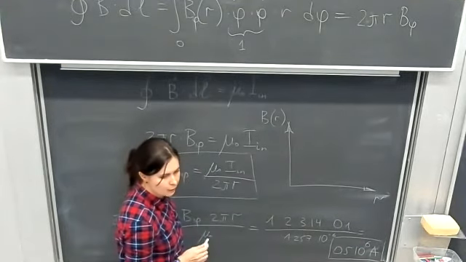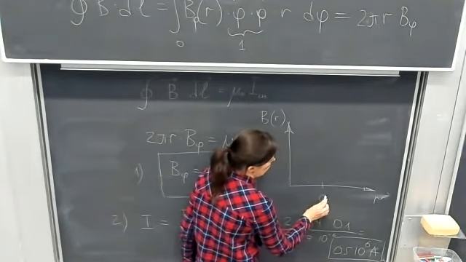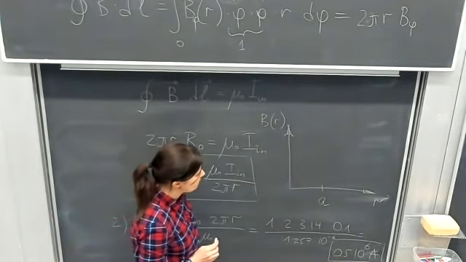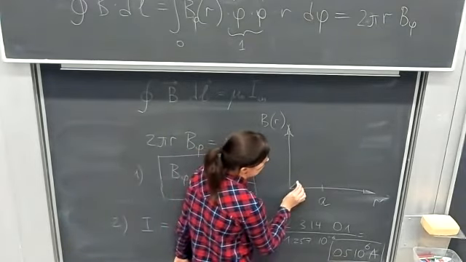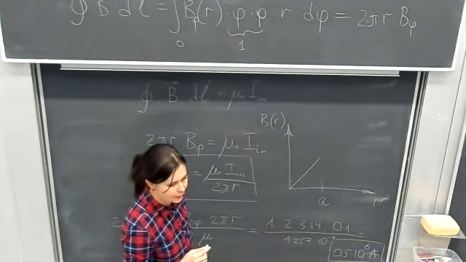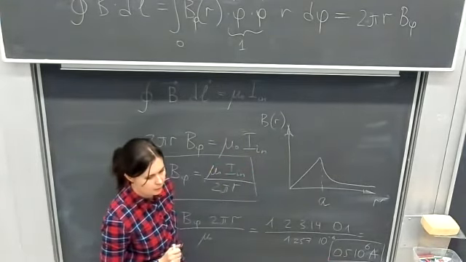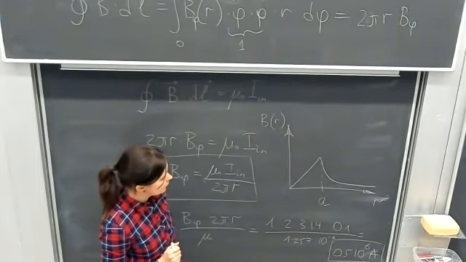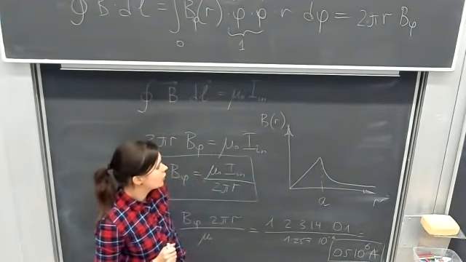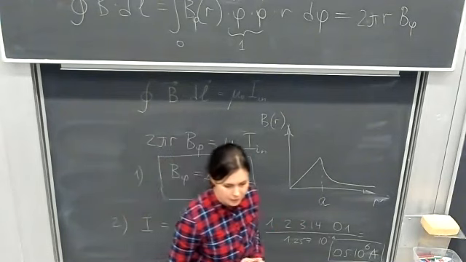Taking into account that our conductor has some fixed radius A, the dependency would look like it goes linearly up to this radius A, and then it decreases rapidly. So closer to the surface is higher induction for the conductor in this ideal problem.